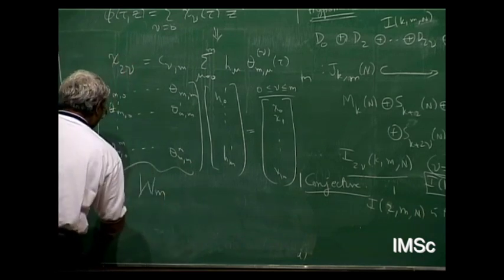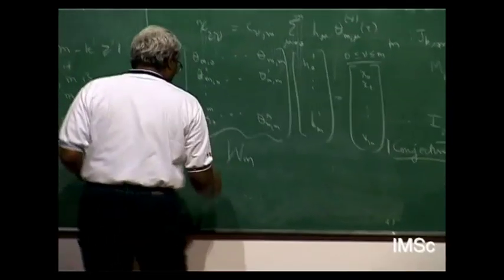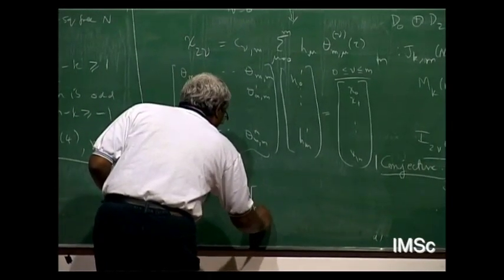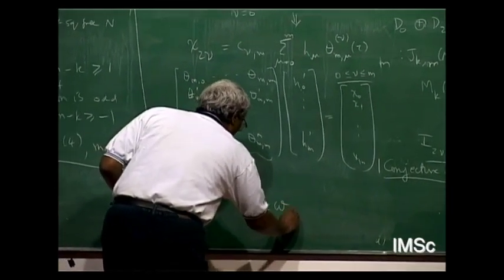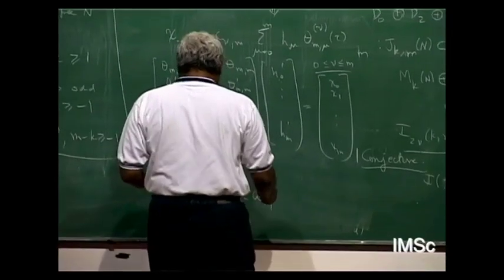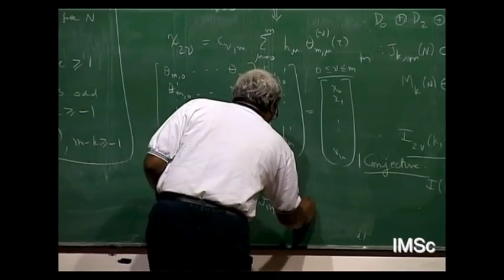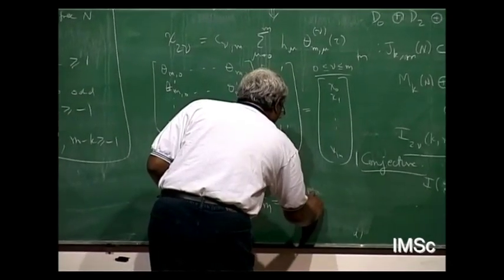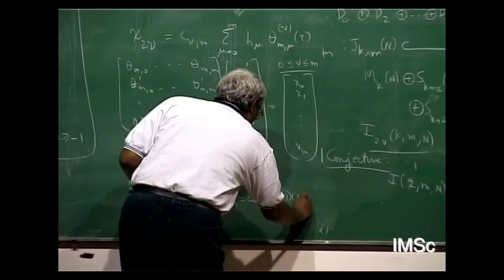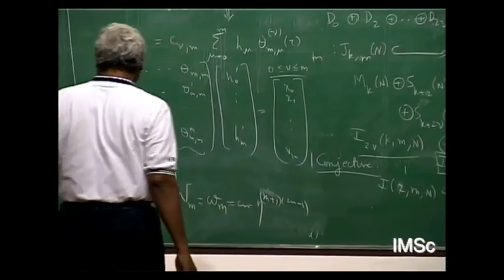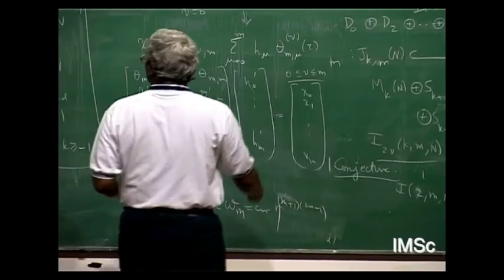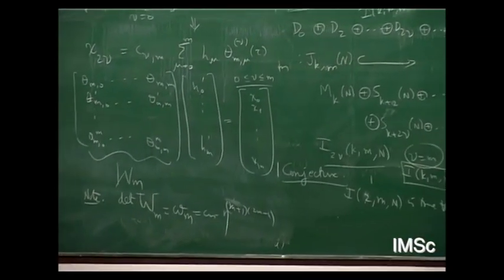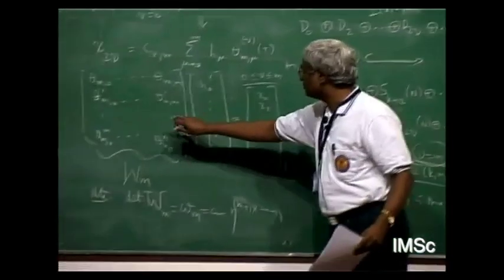Okay, so note this is a Wronskian determinant, so the determinant is denoted by the script Wm, which is nothing but a constant times eta power m plus 1 into 2m minus 1. Therefore, by inverting this matrix, I can write h in terms of this.